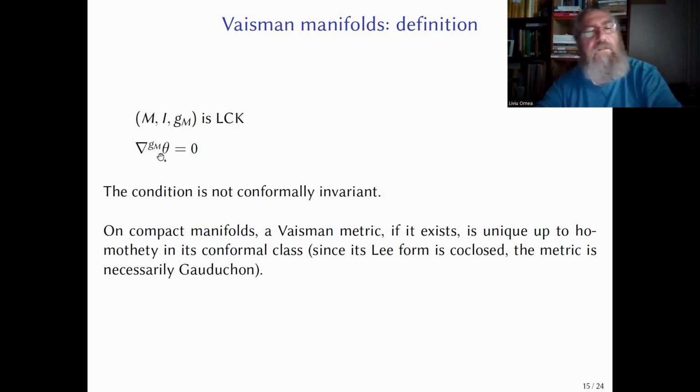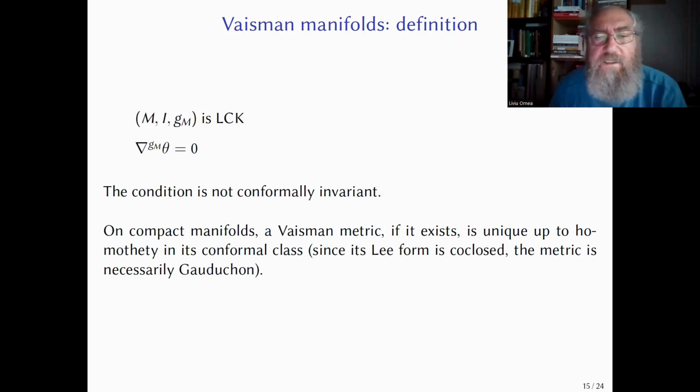But codifferential of theta equals 0 is exactly the definition of the Gauduchon metric. The Gauduchon metric exists and is unique in every conformal class. So if you have a Vaisman metric, it is unique in its conformal class as being Gauduchon. You cannot have different Vaisman metrics in a conformal class.